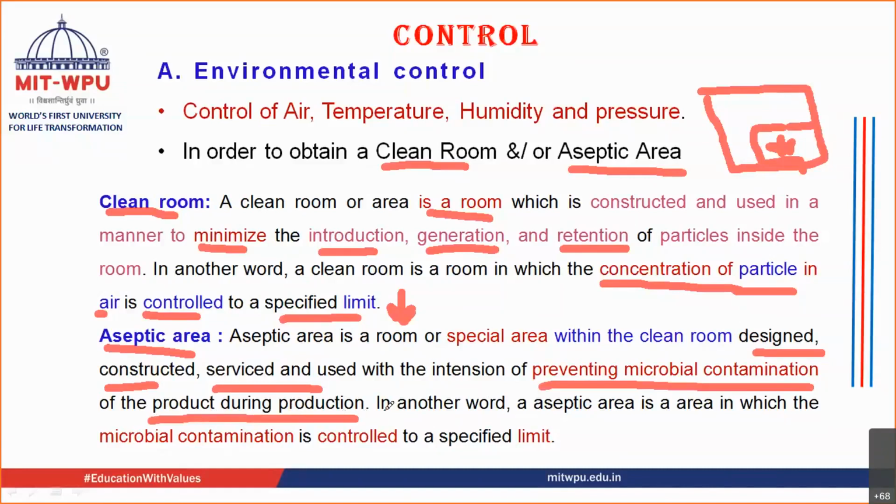In other words, it is an area in which microbial contamination is controlled to a specific limit. In a clean room, the concentration of particles is controlled, whereas in an aseptic area, along with the particles, microbial contamination is also controlled, because it is a part of the clean room. So these are the two important definitions: clean room and aseptic area.